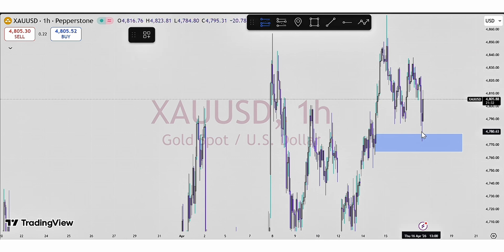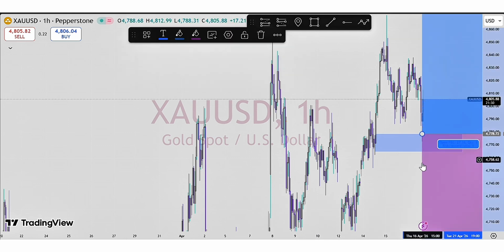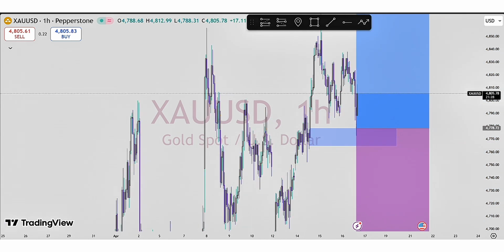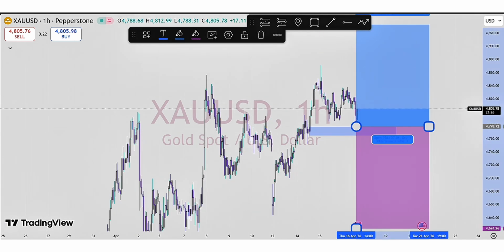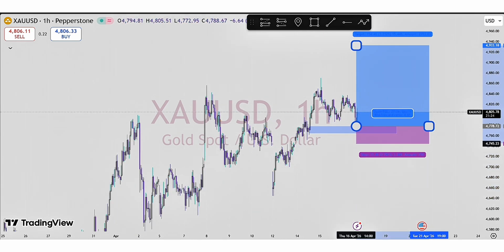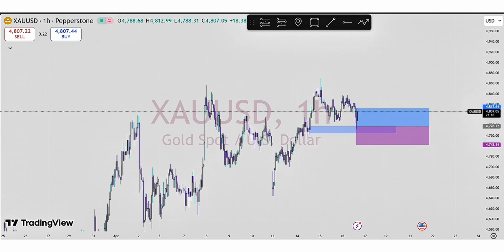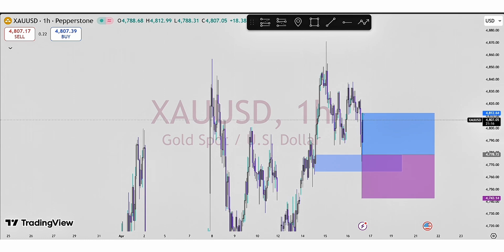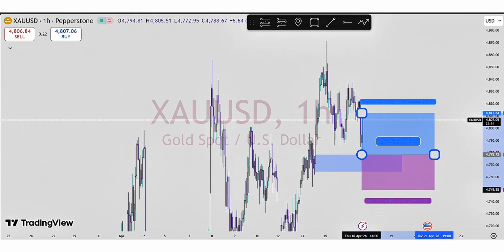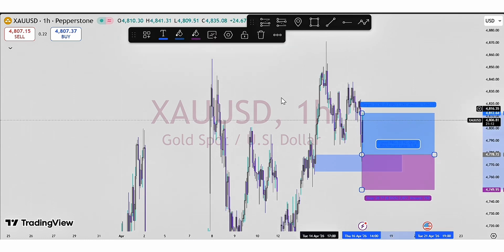Let's measure the profit that gold has made. So your stop loss, sorry, I've not taught you guys about stop loss and TPs.